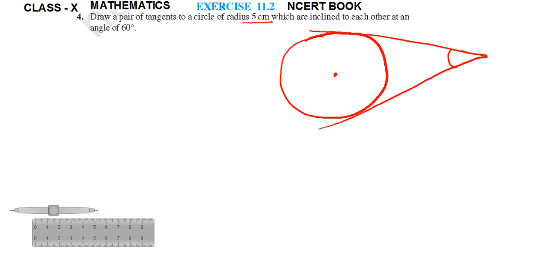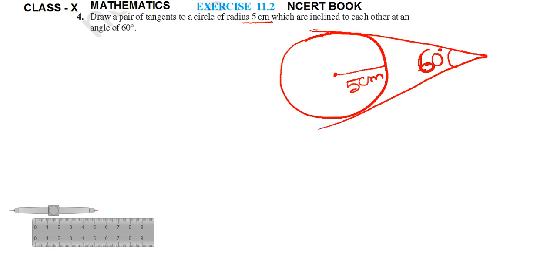It should be inclined to each other at an angle of 60 degree. So this is the question, that we have to draw a circle of radius 5 centimeter, and then draw tangents which are inclined to each other with an angle of 60 degree.